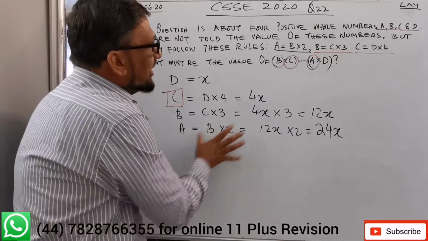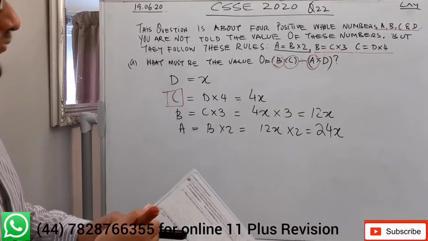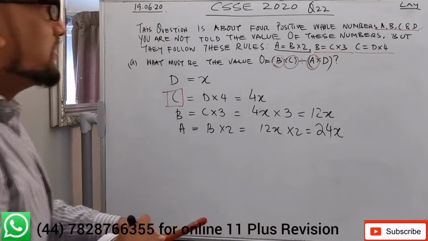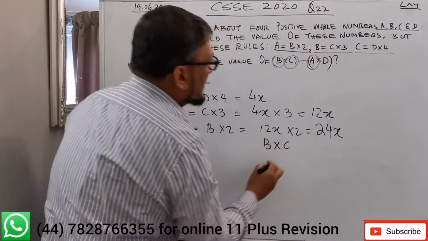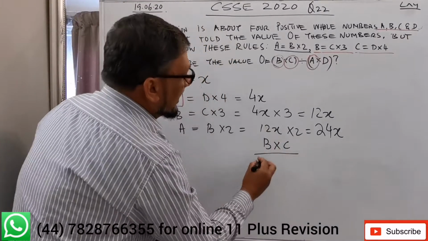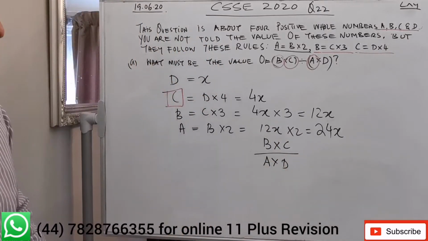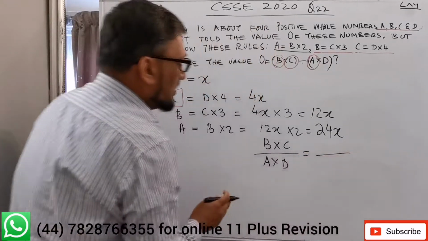Now we need to calculate as per the given formula. They are asking about B times C divided by A times D. So we worked it out already.